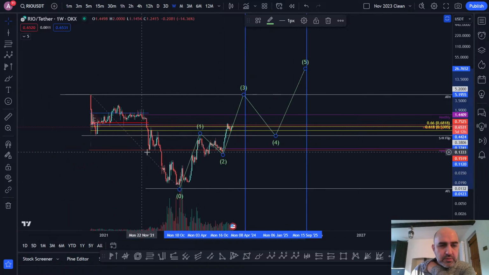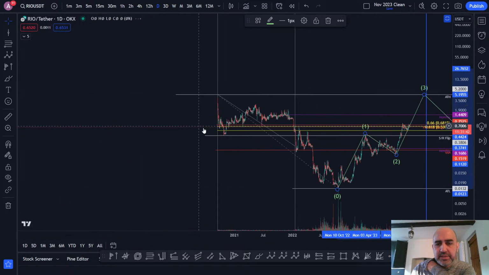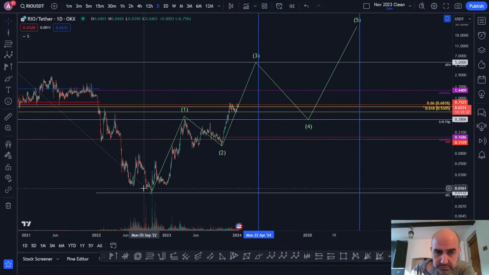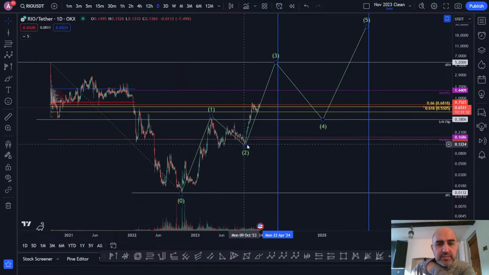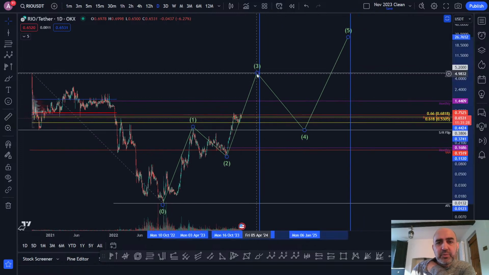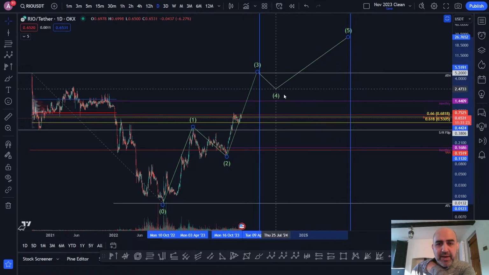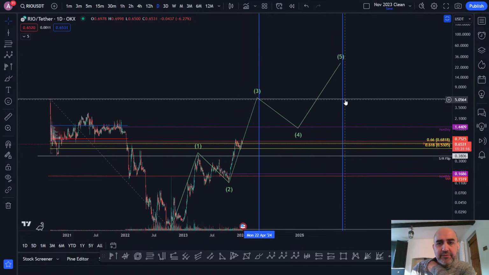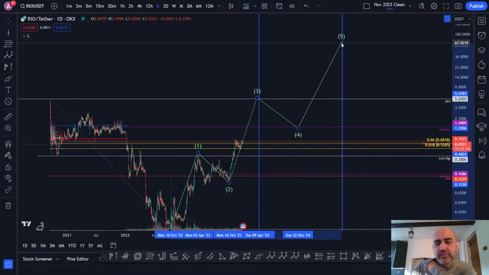One, 2. This is the weekly though, isn't it? The daily charts. 1, 2, 3, 4, 5. That's your wave 1. ABC. This is the wave 3. I think we're in the wave 3 actually. And then maybe we'll have a correction somewhere. I don't know how. And then we'll have the last wave, which will be a 5. And that'll be it.